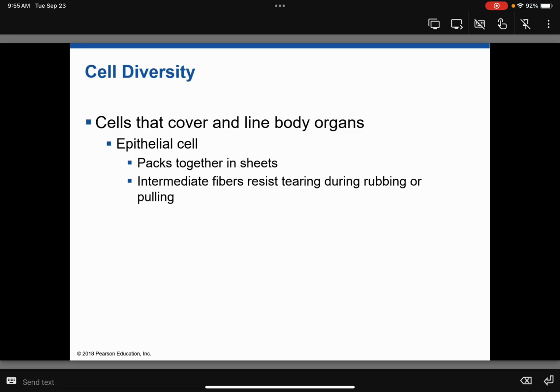Cells that cover and line body organs: our epithelial cells will do this for us. The way that they are structured together, so not just the structure of one epithelial cell itself, but the way they are held together, allows them to cover our body as a whole, but also line our body organs, because they are basically like sheets of cells.